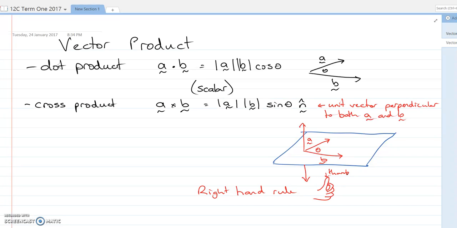And the way you choose is you make sure that your other fingers curl around that hand from A to B, from whatever's first, from your first vector, which in this case is A. B is our second vector, just because I wrote them in that order. I could have written B times A. So it has to go from A to B in the shortest direction.